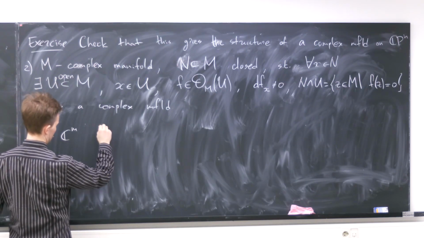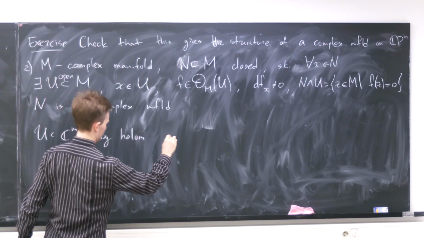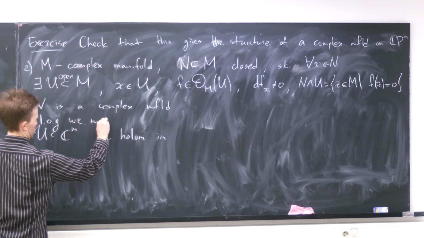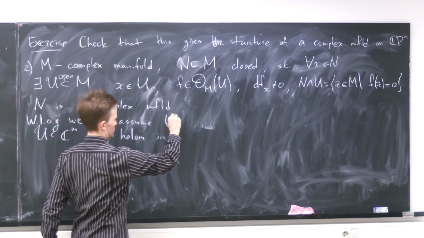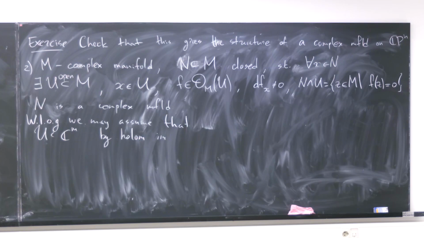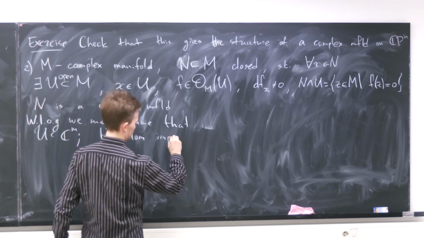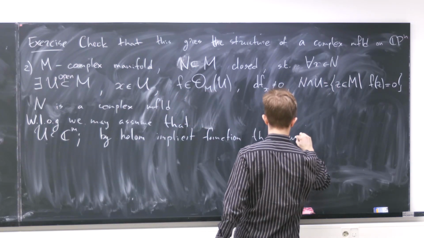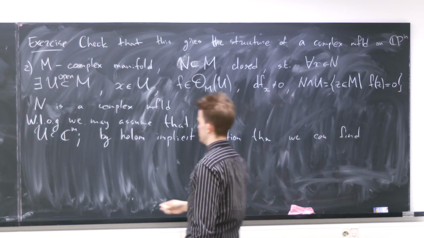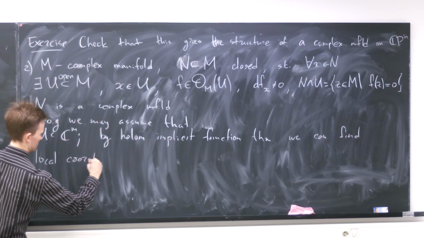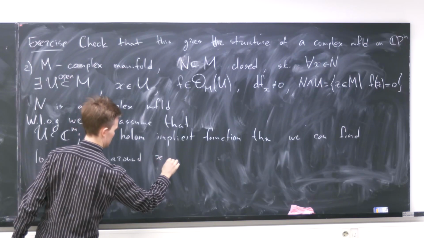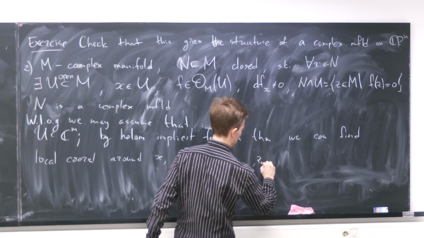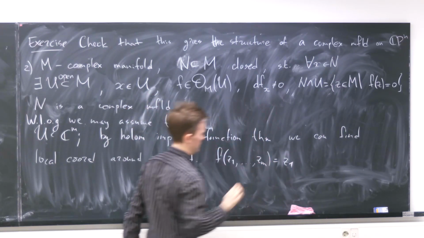So then by the holomorphic implicit function theorem, without loss of generality, we may assume that U is a subset in Cm, and we can find local coordinates around x such that f in those local coordinates z1, and so on, zm, is simply z1.